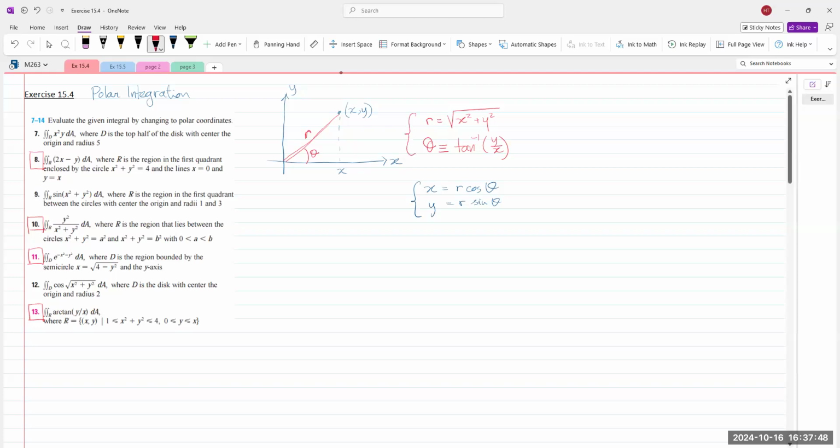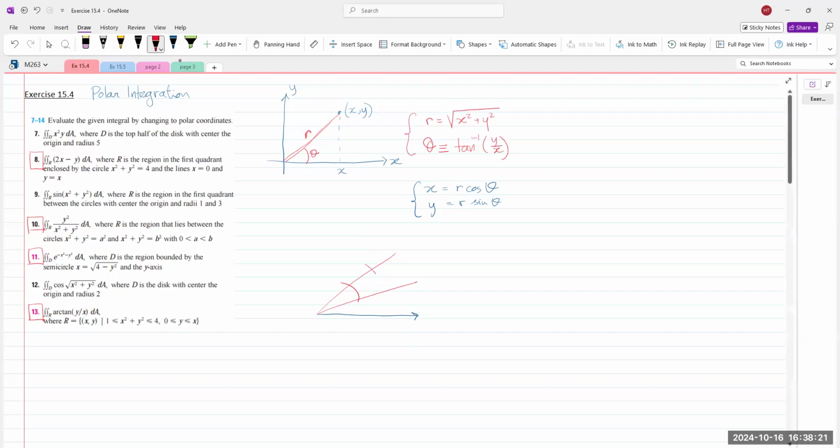Now, as for integration in polar, suppose I have a curve, r as a function of theta. Then the area, I think, you know what? Instead of using a function, let's use the rectangle.